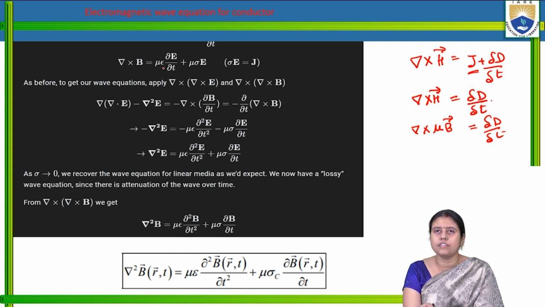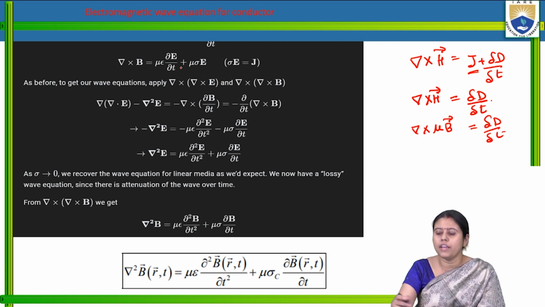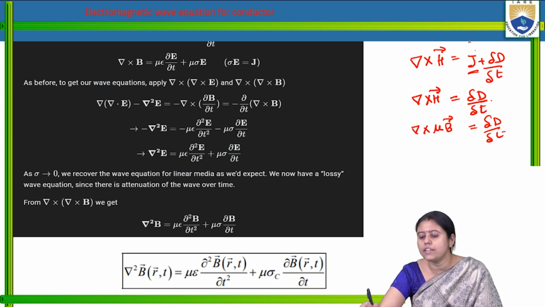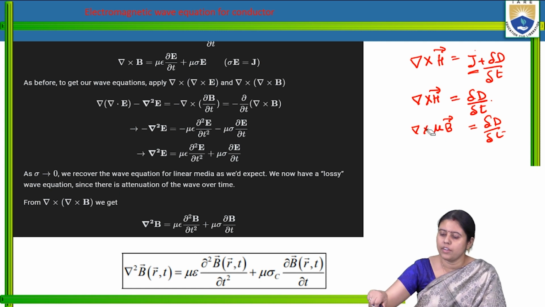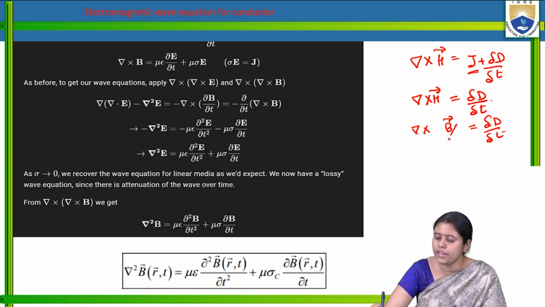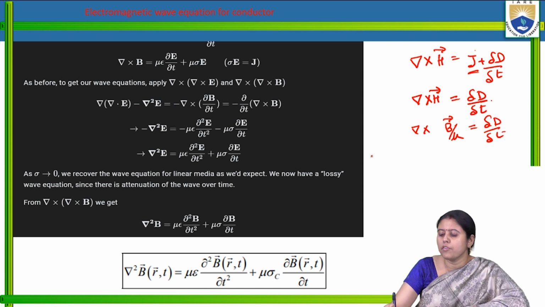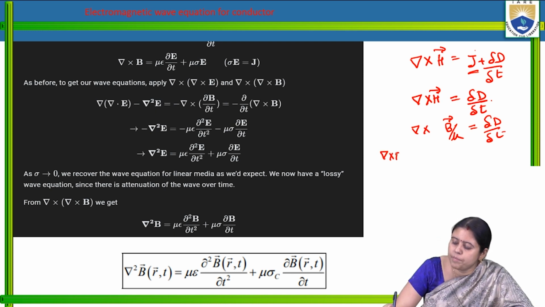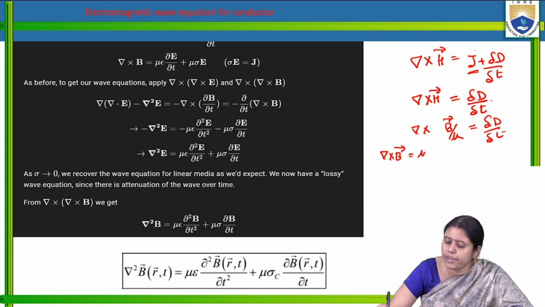In the previous section, curl B is equal to mu epsilon del E by del t plus mu sigma into E. What is sigma into E? Actually we know what J is. So what we get here is curl B is equal to mu del D by del t.